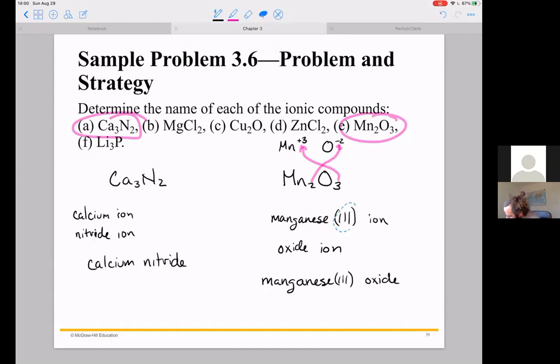Maybe I was a little messy in how I did it here, but there is a space here, but there is no space between the name of the element and those Roman numerals. Okay, so on Canvas, make sure when you're filling out these ionic compound names, you don't put a space between the name of the ion and those Roman numerals in parentheses. Okay.